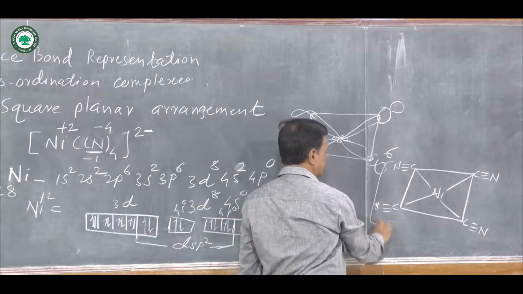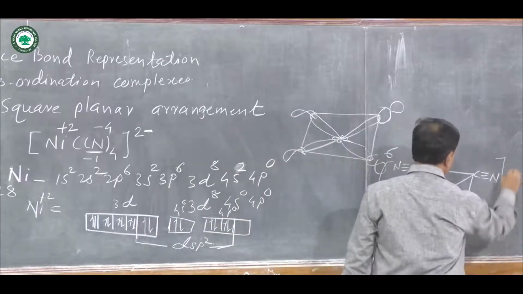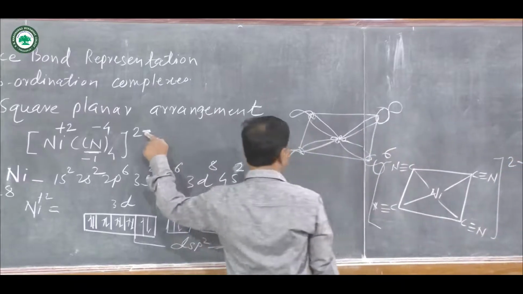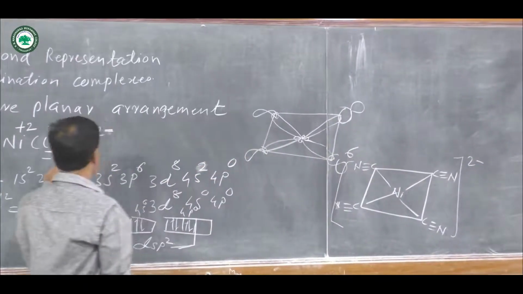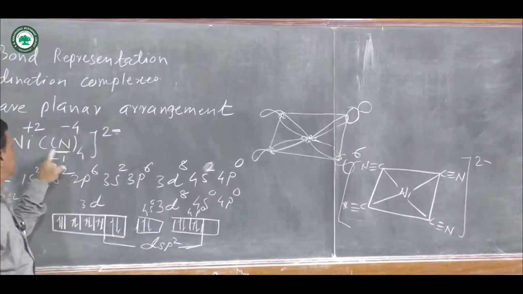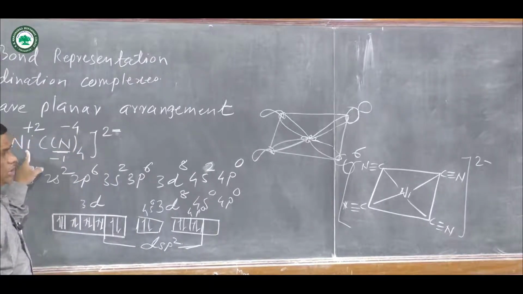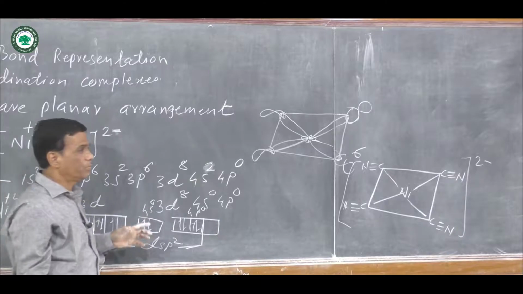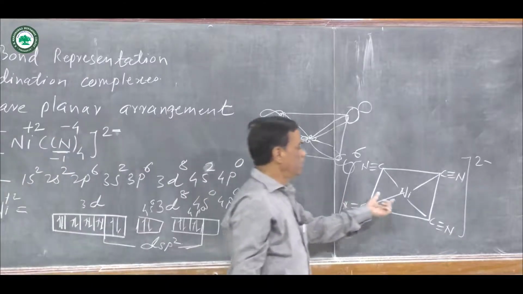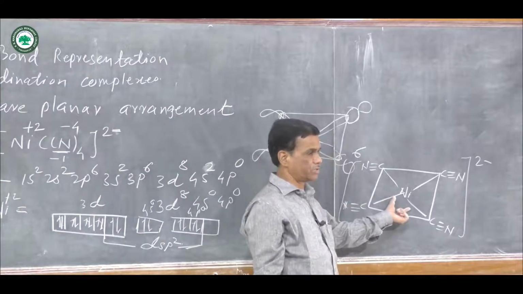On this complex, the charge is equal to 2 minus. All 4 cyanide ligands are directly attached to the nickel metal ion, and 4 sigma bonds are formed. These 4 sigma bonds are shown here.